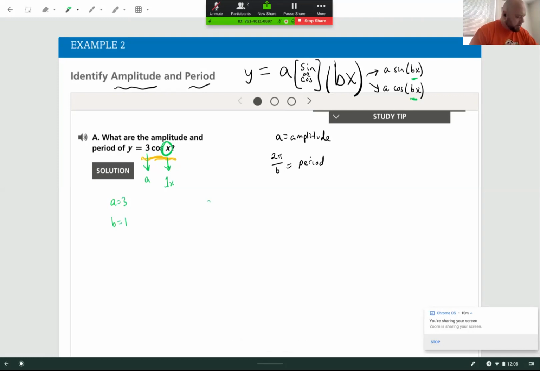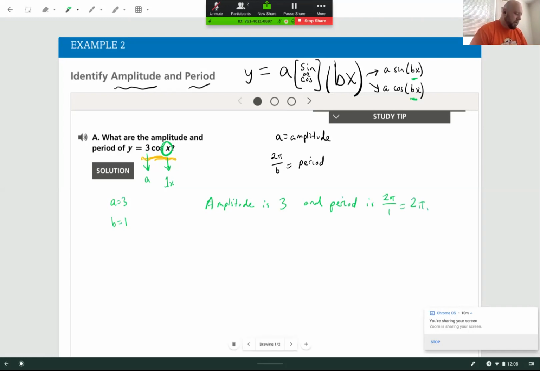So our amplitude is 3, and the period is 2 pi divided by b, which is 1. 2 pi over 1 is 2 pi.